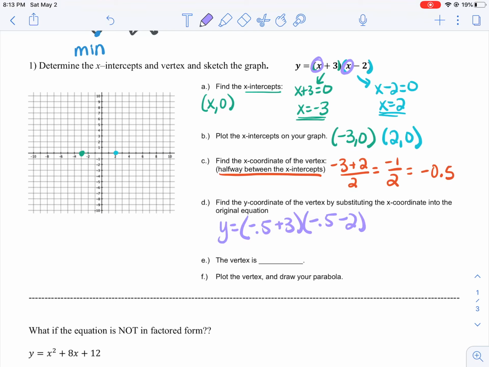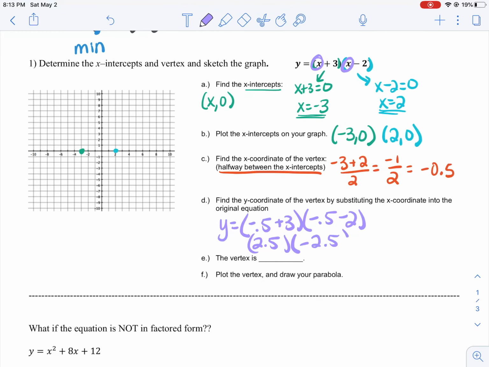Remember, -0.5 plus 3 is 2.5, and then -0.5 minus 2 is -2.5. So -2.5 times 2.5 is -6.25, my y.